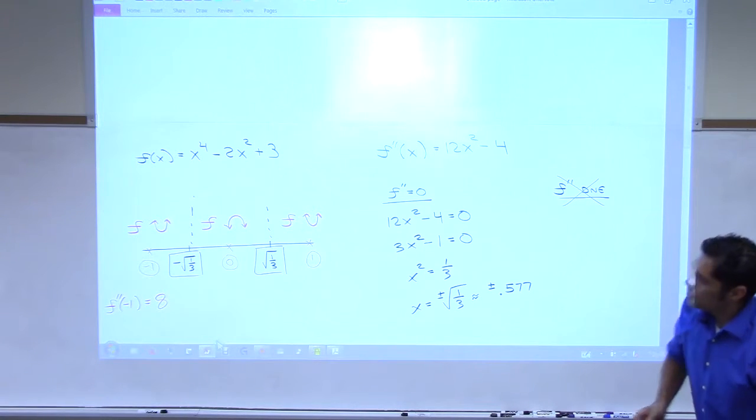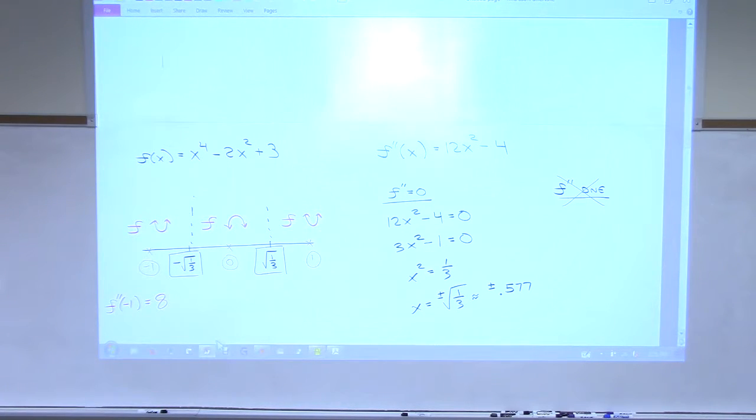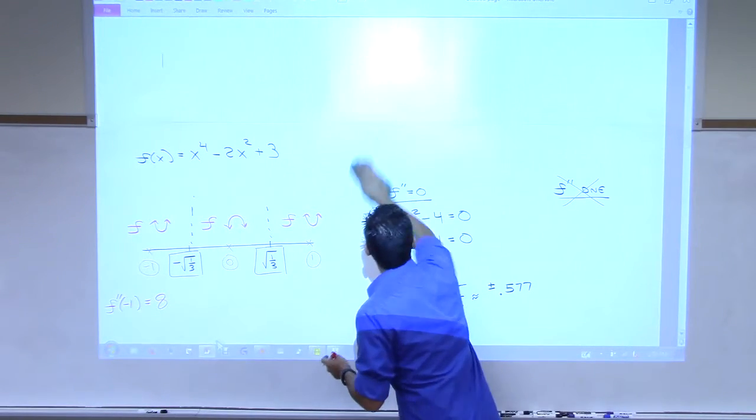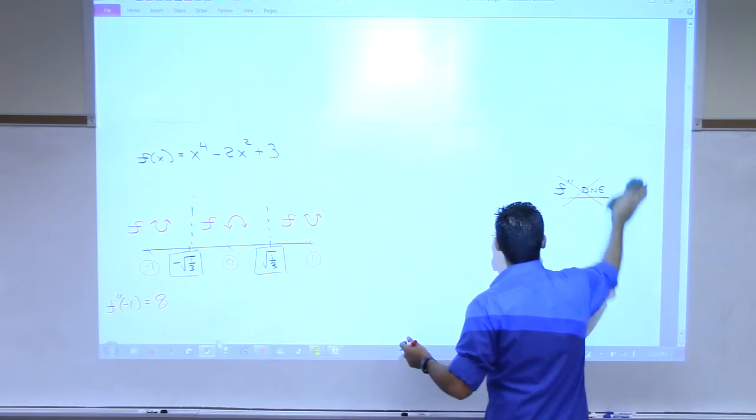So now, I would like to answer the question: where's the function concave up? Where's the function concave down? That was the original question, right?